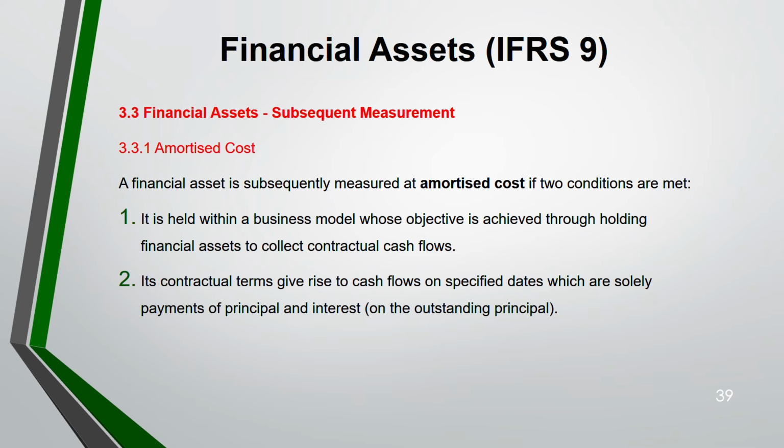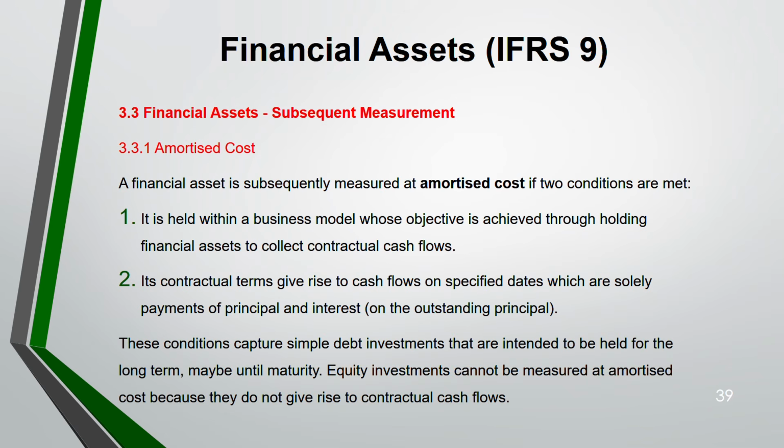So you are going to receive principal and interest. That's why any debt investment you can measure at amortized cost, but an equity investment you cannot measure at amortized cost, never, because it does not meet the condition. For equity investment we do not receive or pay only principal and interest. That is only on debt investment.